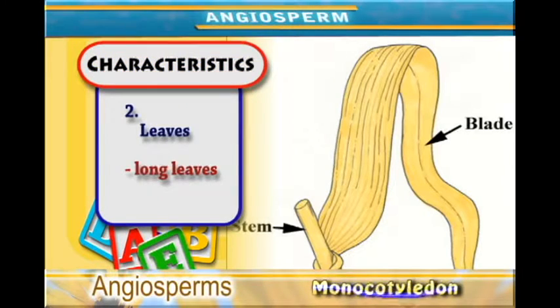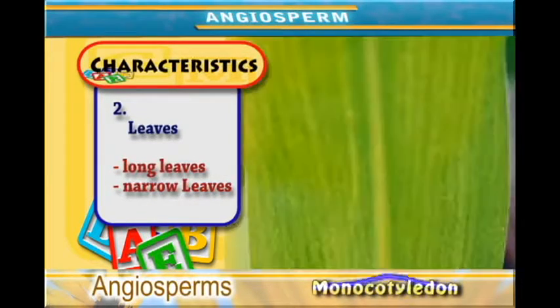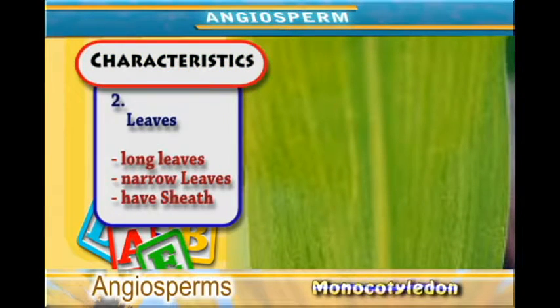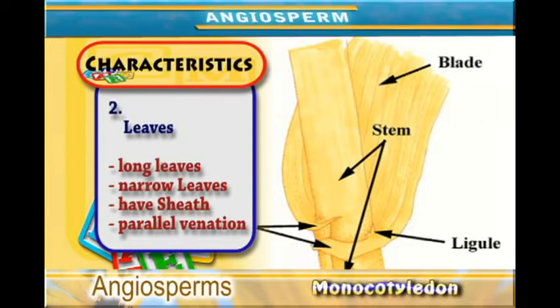The leaves are long and narrow and have a leaf sheath, if not sessile, and parallel venation.